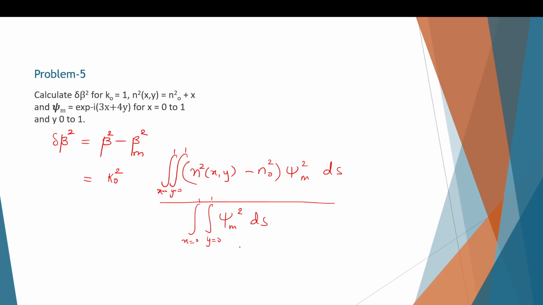Okay, so now they have given us n square of x comma y to be n naught square plus x, and then n naught square minus n naught square will go, so we'll only be left with this plus x term.